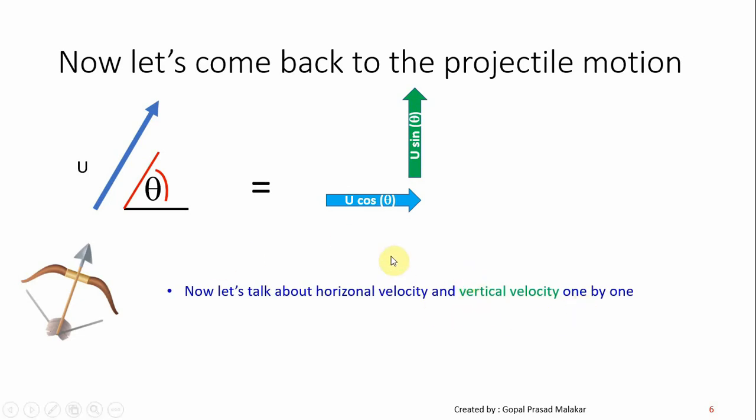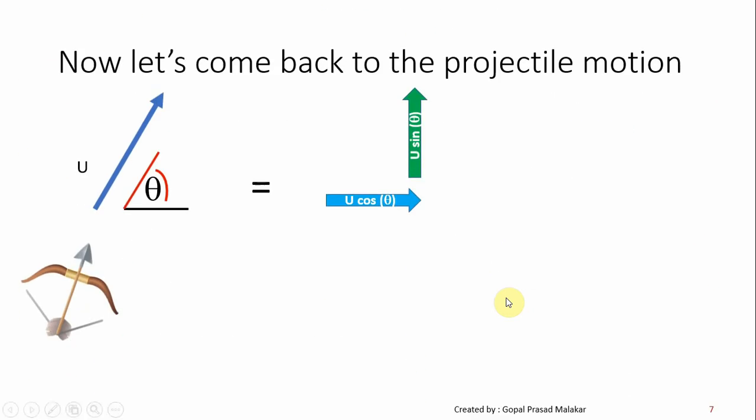What you need to understand is that at the end of the day, the object is moving as if there are two things moving, one with u cos theta horizontally and one with u sin theta vertically. So let's understand each of them one by one. I'll be showing the horizontal in blue and the vertical in green. So let's understand the horizontal first. Let's assume that there is negligible air resistance.